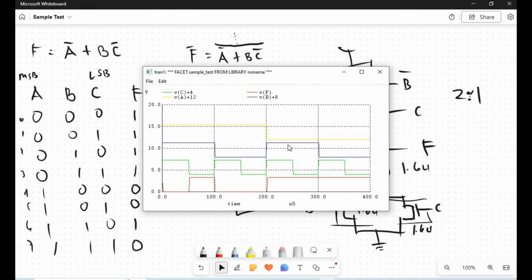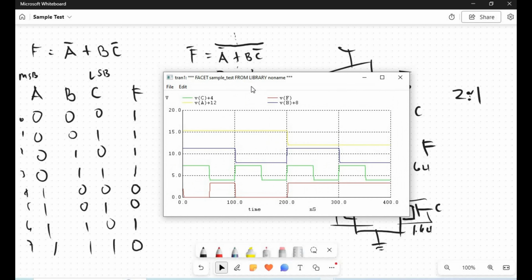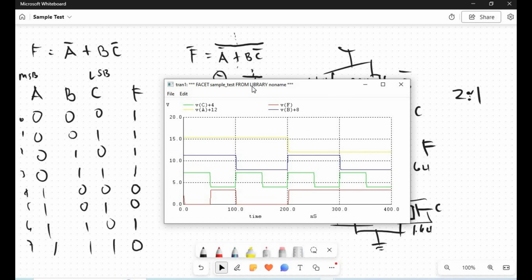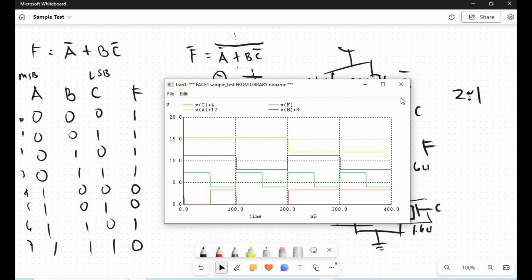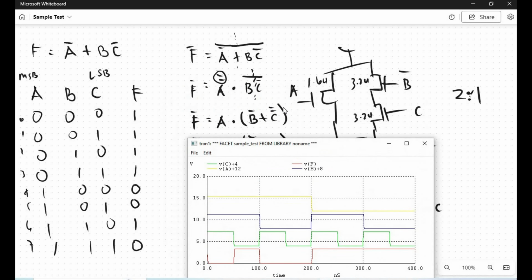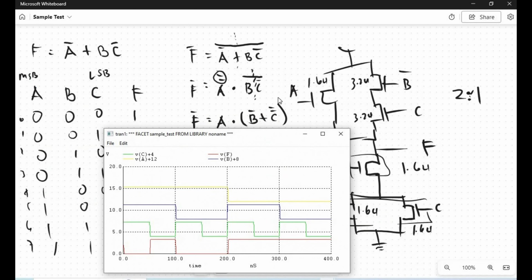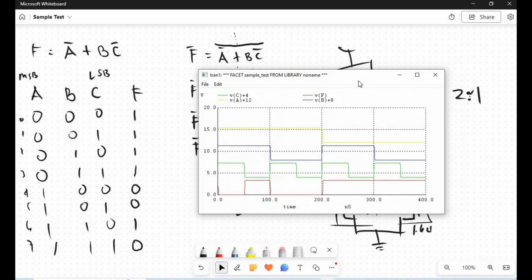So 0 to 3, we have high output. So this one would be 4, 5, 6, so 1 1 0. So we also have a high value. Thus, we were able to generate the correct function, as well as properly assign the transistor size for each and every transistor.